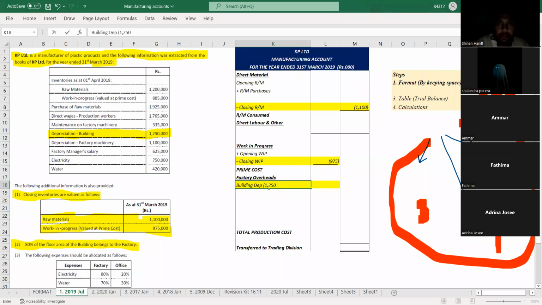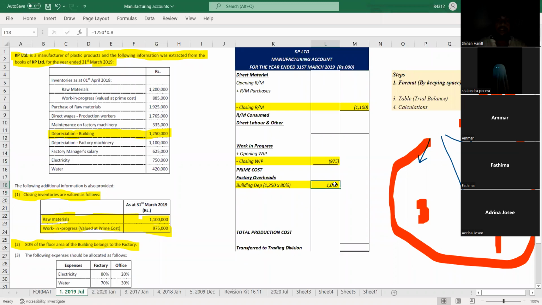Right, 1,250,000 is the building related expense. So we take under factory overheads, building depreciation, within bracket, from 1,250, 80% belongs to the factory. So we have to take 80% from the building depreciation, 1,250 into 80%.